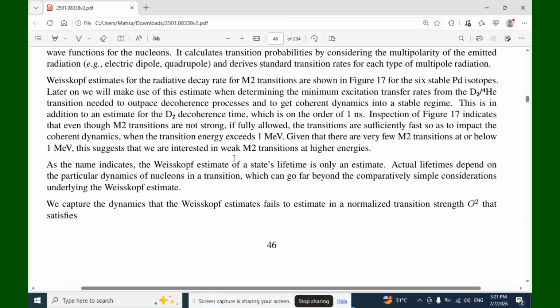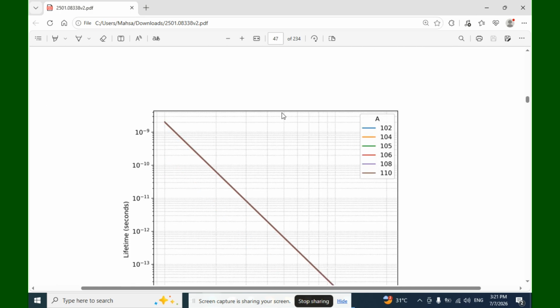As its name indicates, the Weisskopf estimate of the state's lifetime is only an estimate. Actual lifetime depends on the particular dynamics of the nuclear transition, which can go far beyond the comparatively simple considerations underlying the Weisskopf estimate. We capture the dynamics that the Weisskopf estimate fails to capture in a normalized transition strength omicron to the power of 2.